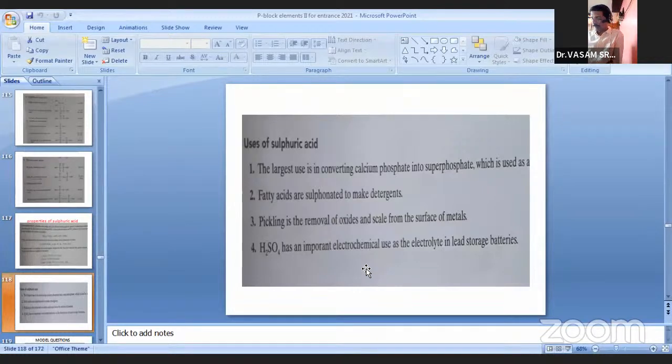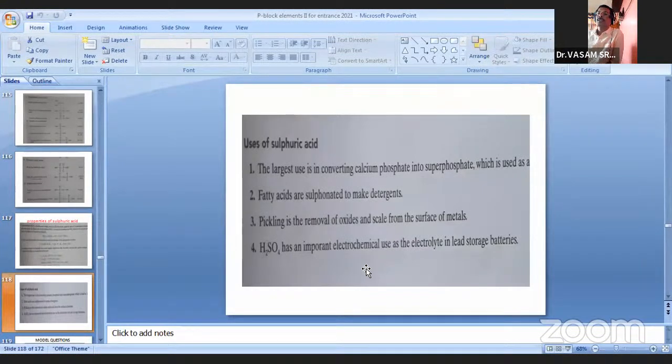In the previous class, on phosphorus fertilizers, the important fertilizer is superphosphate of lime. So superphosphate of lime is produced with the help of sulfuric acid. And the next one, fatty acids are sulfonated to make detergents, and pickling, the removal of oxides and scale from the surface of metals.